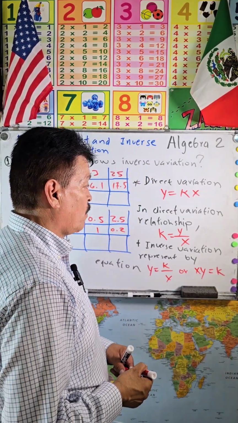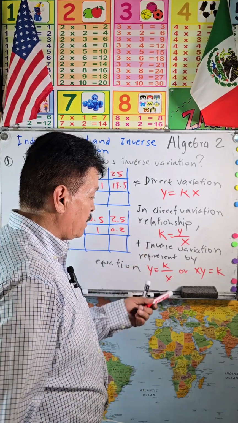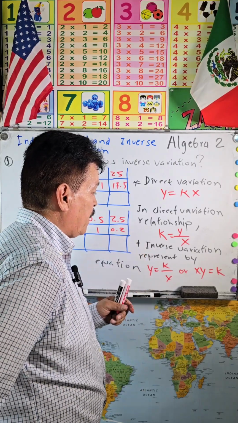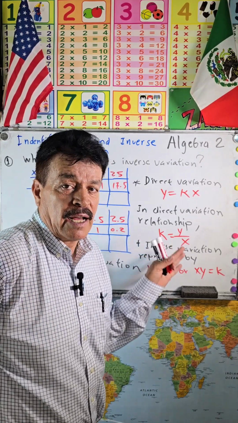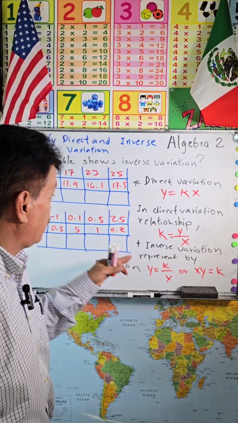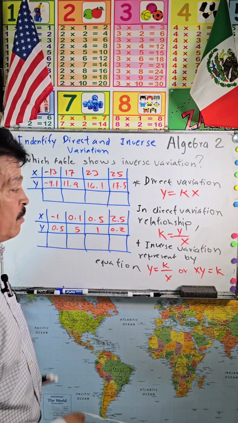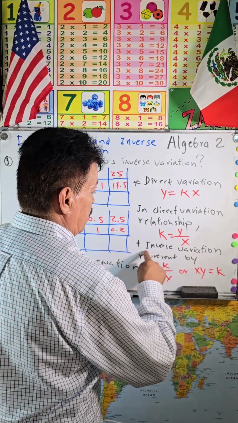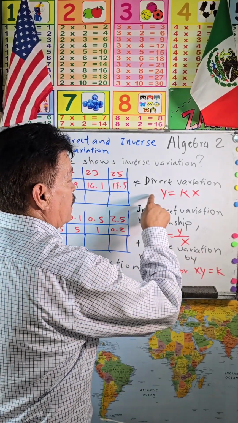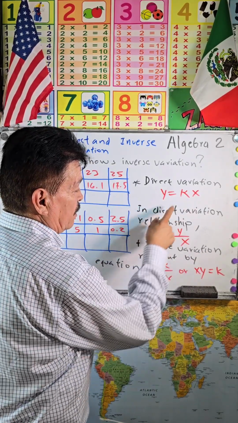All right, so that's very important. Memorize, keep in your mind these little formulas to identify which table shows inverse variation. So what I mean, what inverse variation is, is right here. Direct variation, the relationship is in this way.